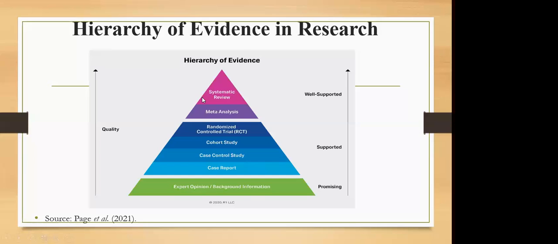So for any decision at any clinical setting, now listen, you can take this down. For any decision at any clinical setting, systematic review evidence is very, very important, because it has been ascertained from a combination of studies that has been summarized.